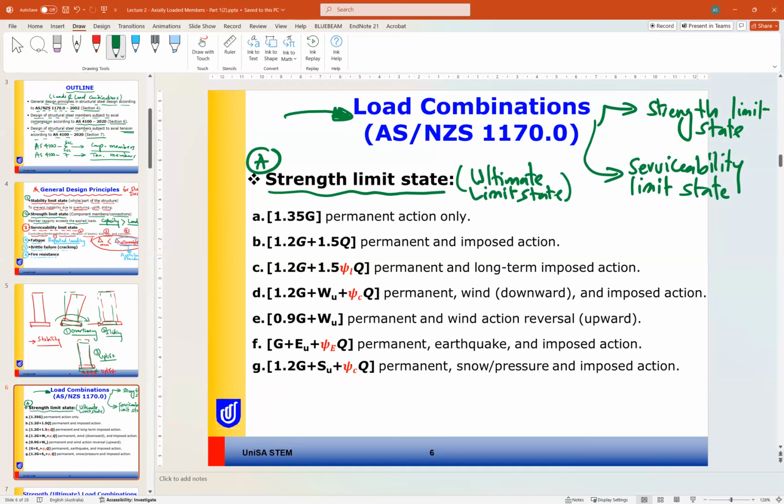we are considering different load combinations based on the applied load to the structure. So as you know, what are the possible loads on our structure?